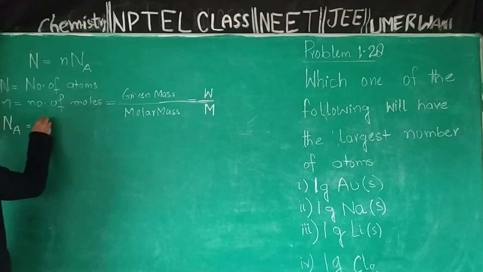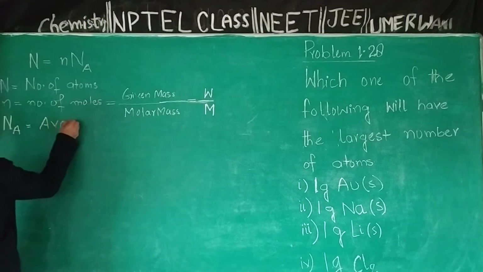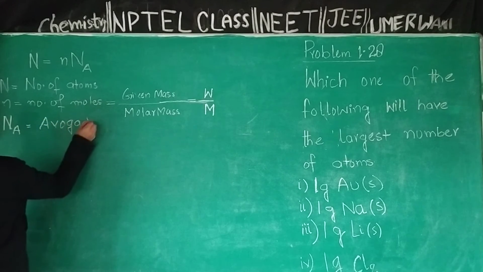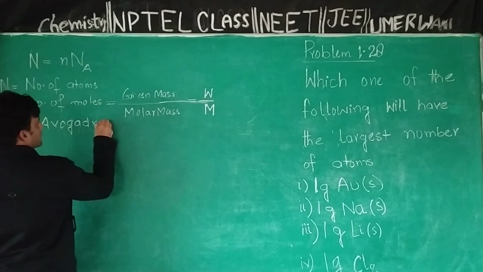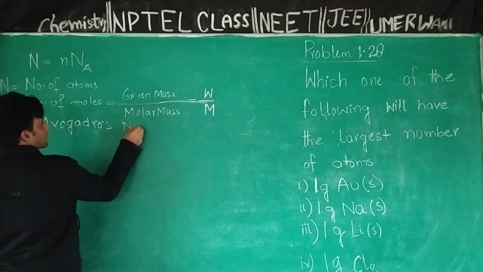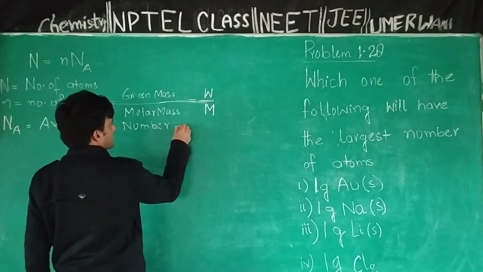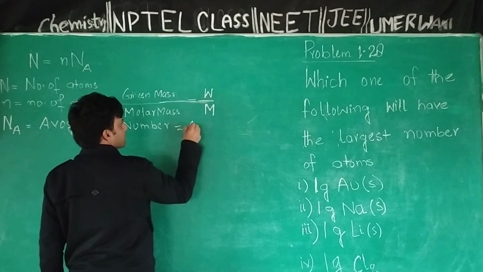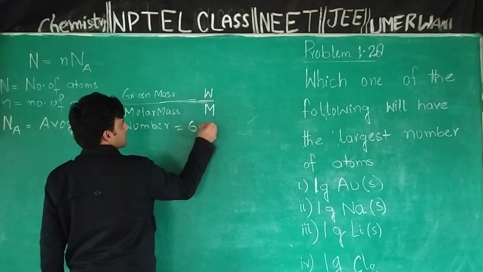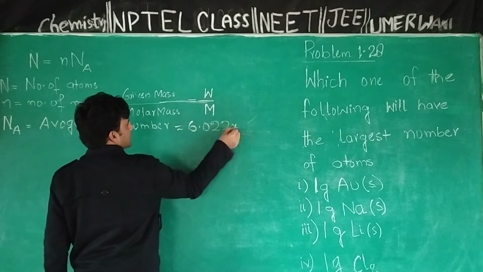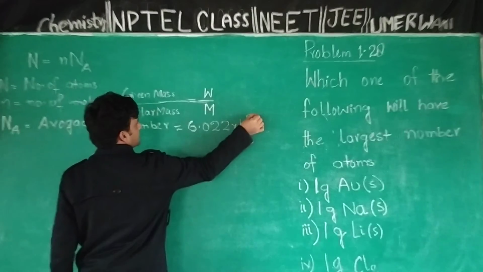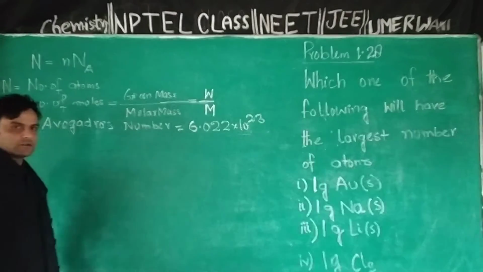Na is Avogadro number. It is a constant number and its value is equal to 6.022 into 10 raised to power 23.